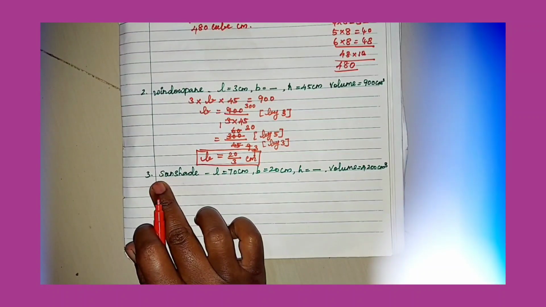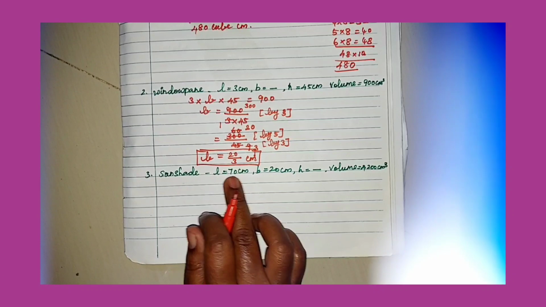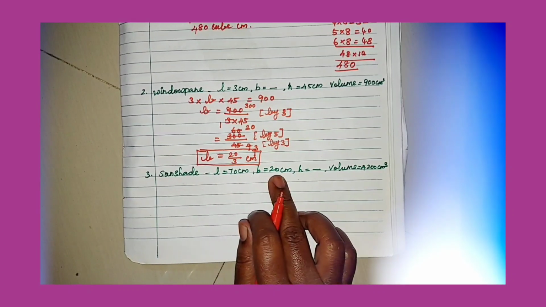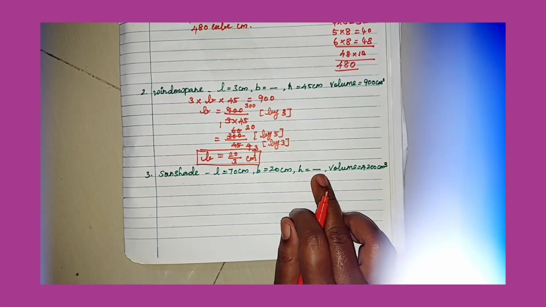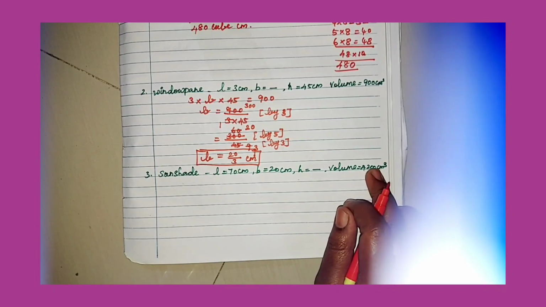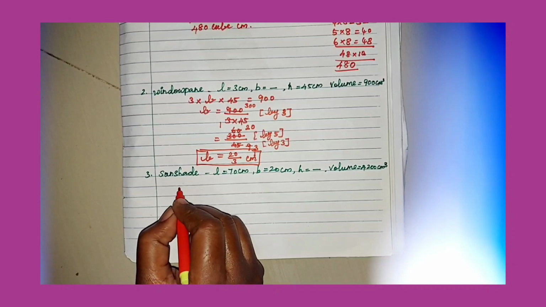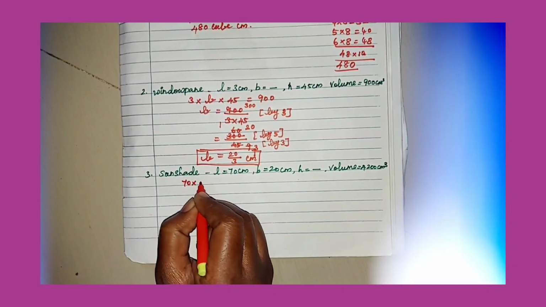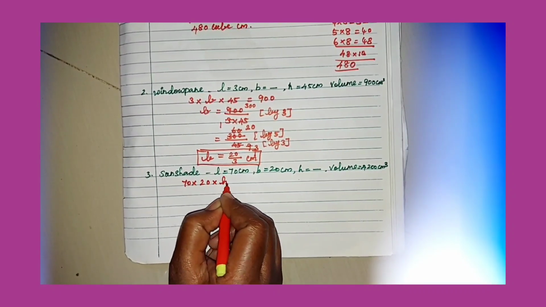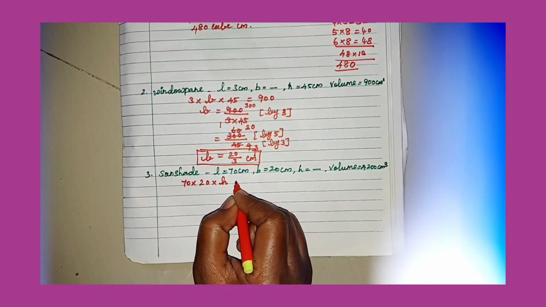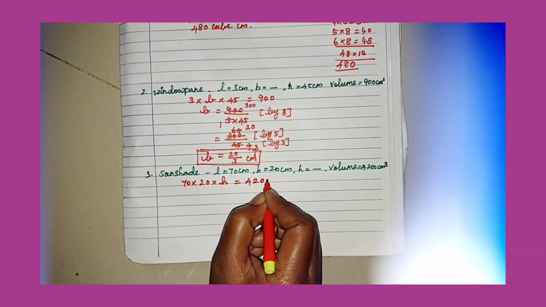Third one, sunset. Length value 70 centimeter, breadth value 20 centimeter, height value not given, volume 4200 centimeter cube. So we write 70 into 20 into height, not given so put H, is equal to 4200.